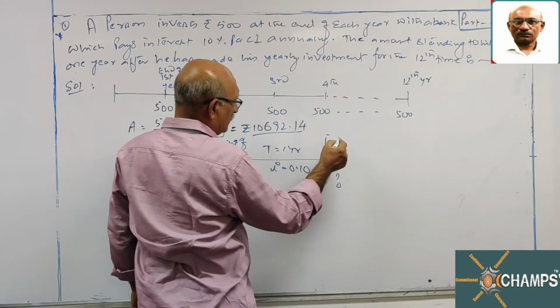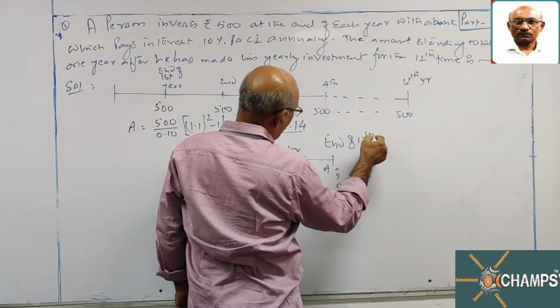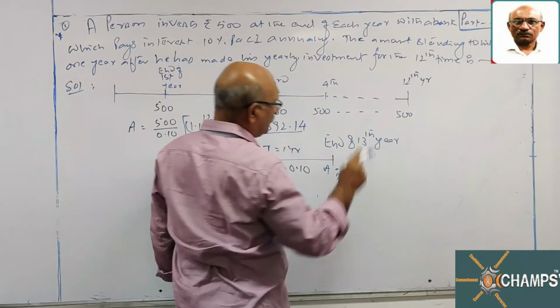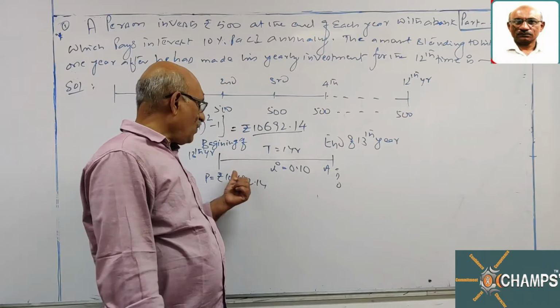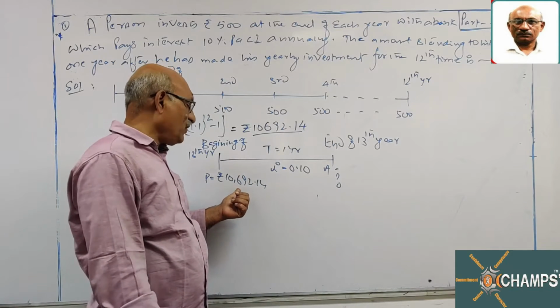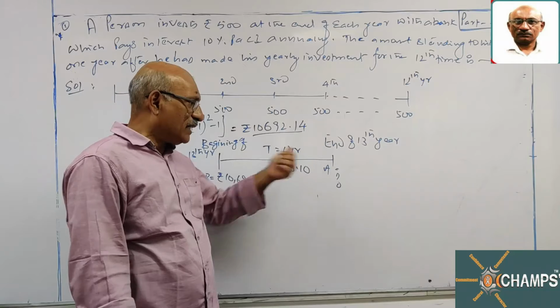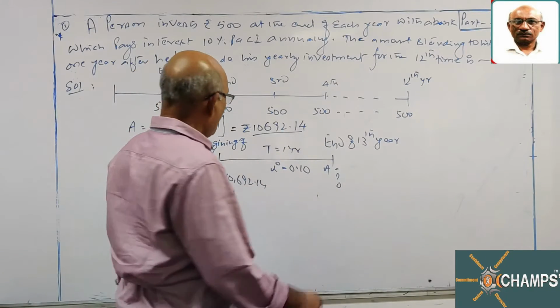End of 13th year. It is in the bank for one more year. So what is the value of 10,692.14 at the end of 1 year?